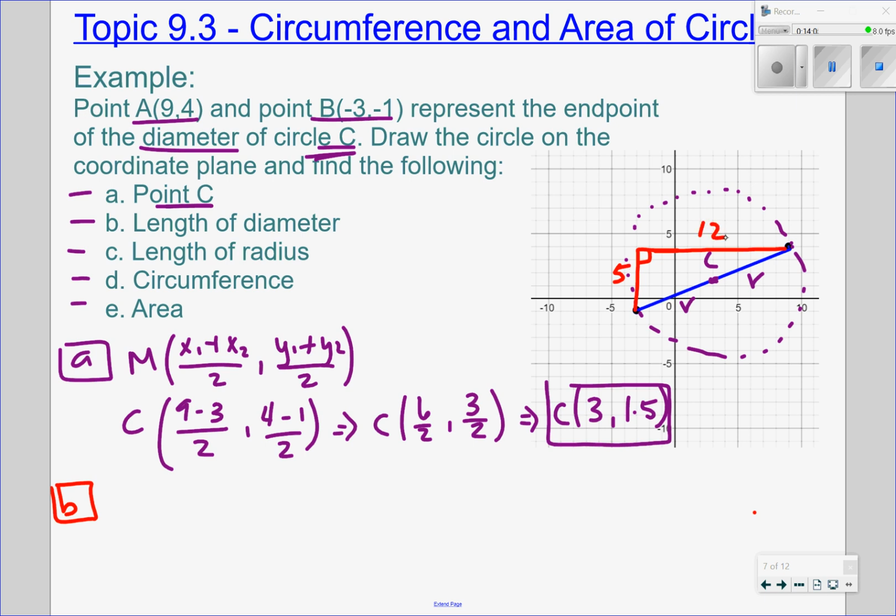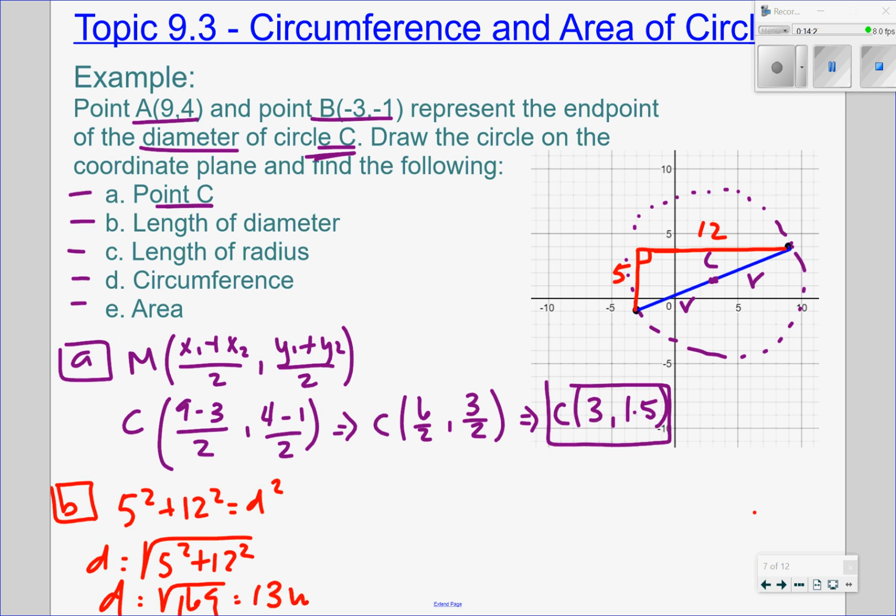So for our diameter, we would do 5 squared plus 12 squared equals diameter squared. Or in this case, the diameter equals the square root of 5 squared plus 12 squared, or the diameter equals the square root of 169, which is 13 units.